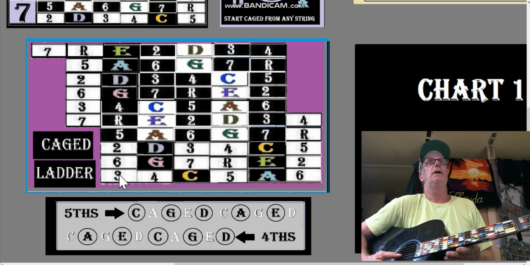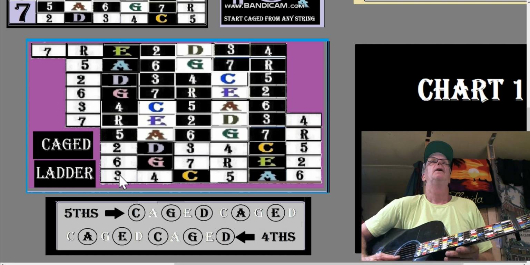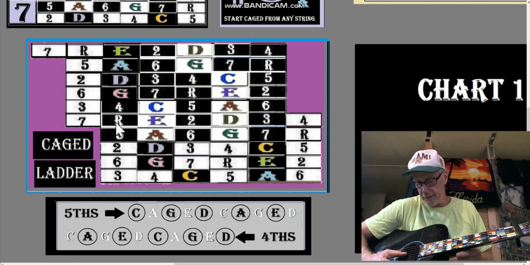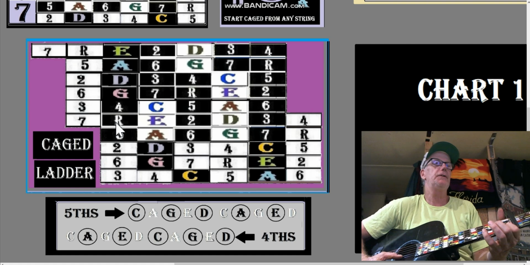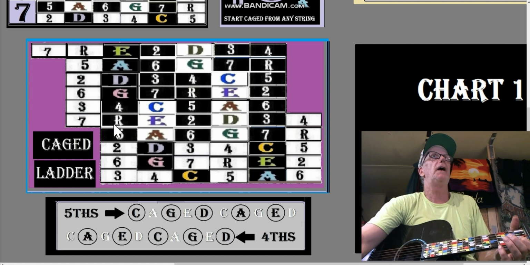G is the 5th of C. Now then the B. All right, here's what's going on. We want to go to this 7th, so we're not going to go to the root there. We're not going to do this. We're not going to go 5, root, 4.